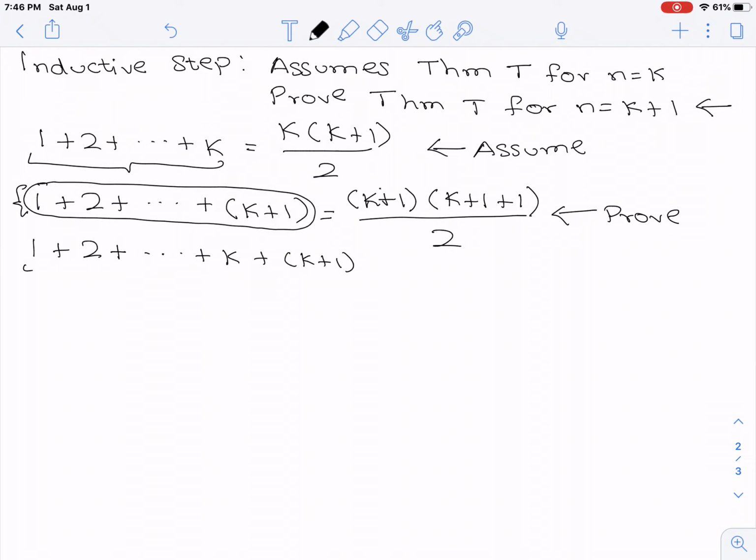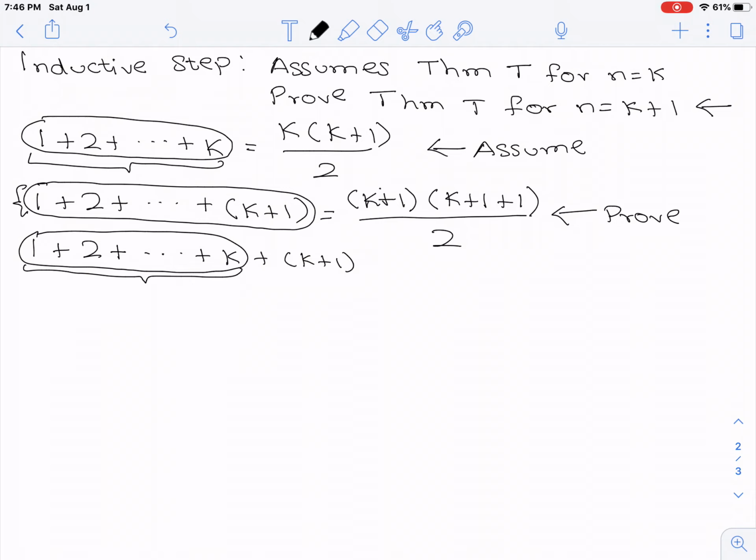And this is the same thing as this. So we can substitute k times k plus 1 over 2 for this quantity right here.